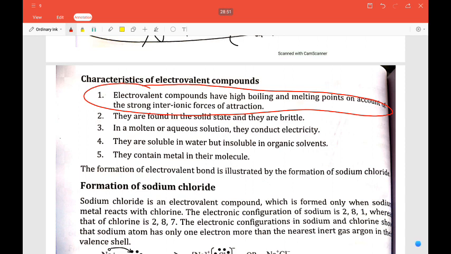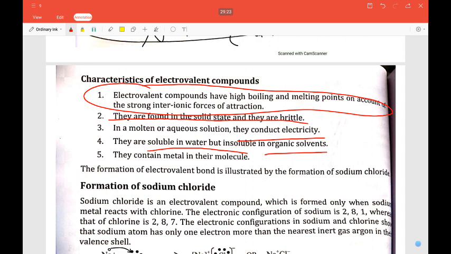The second point is, they are found in the solid state, and they are hard and break easily. They can conduct electricity when they are in solution form or molten state, liquid form. And they are soluble in water. They dissolve in water and they do not dissolve in organic solvents. What are the examples of organic solvents?